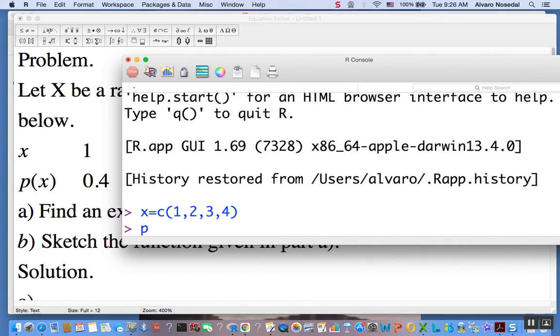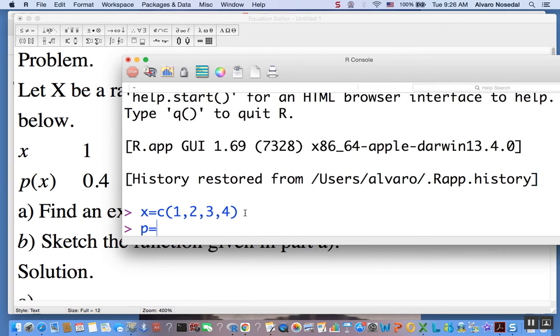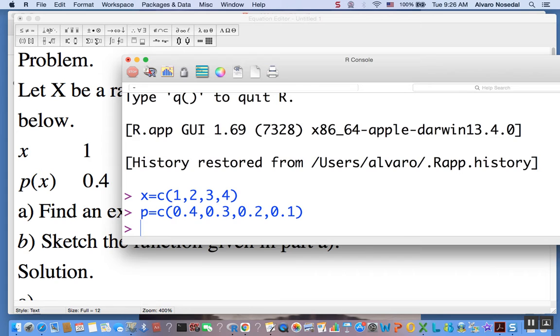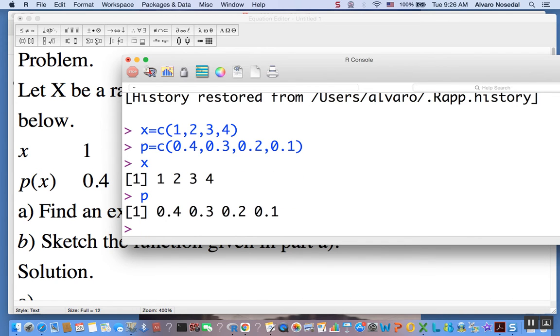Now let me also create a vector P that contains these probabilities. So using that function c, concatenate, I'm going to be doing that. We have done that before. We have used that function before. So we have x, we have the corresponding probabilities for each of those values of the random variable.